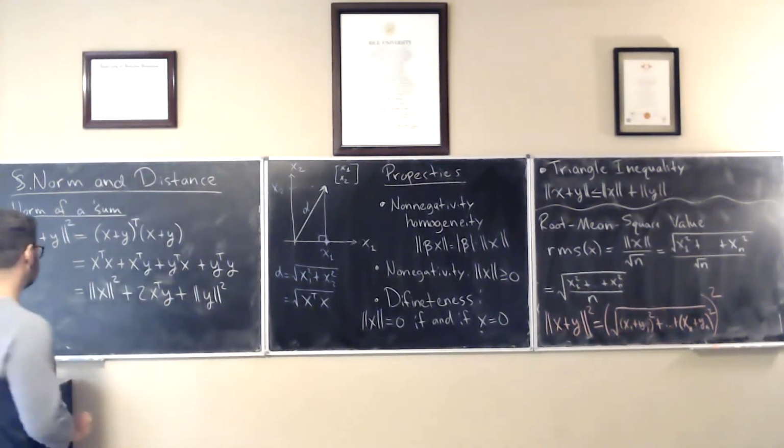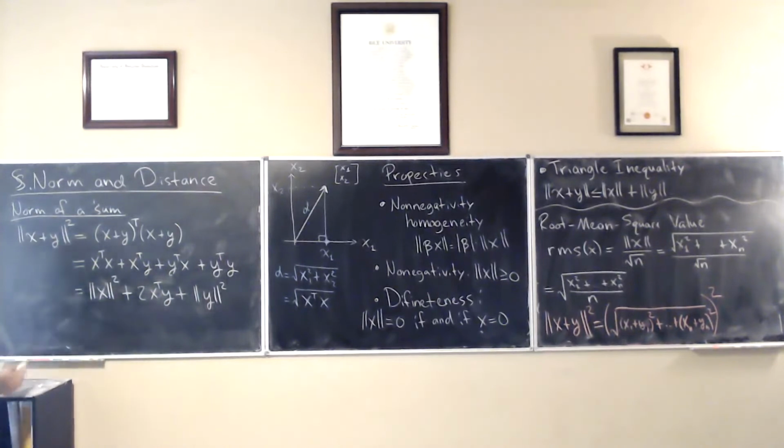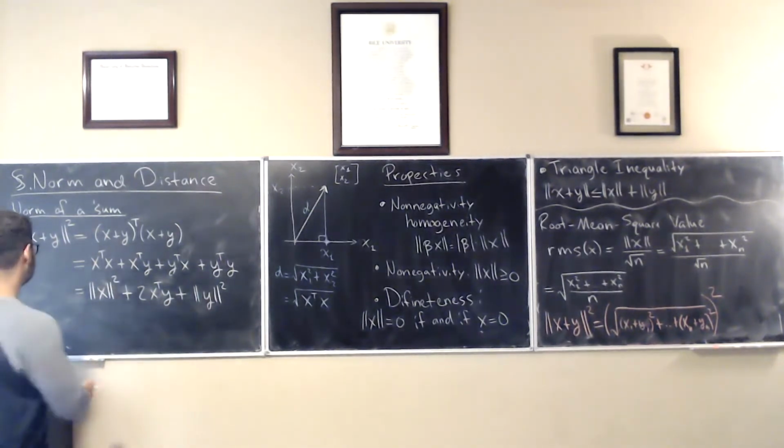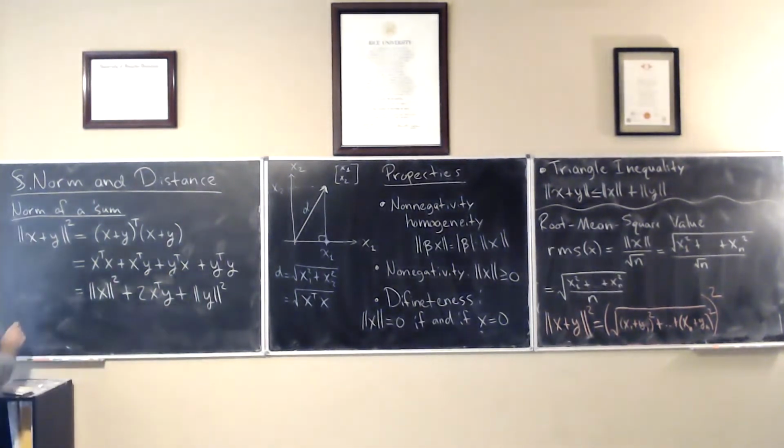Okay. So what this is saying in the end is that if I wanted to have a formula for the norm of the sum, if I take the square root on both sides, I get this.